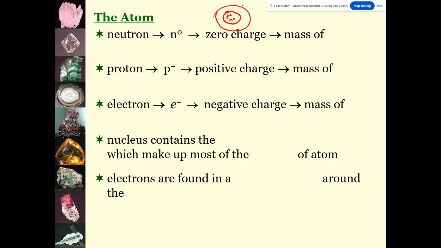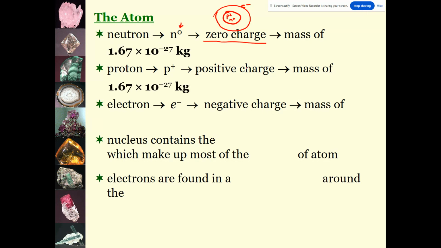So my electrons, again, are going to be found in this external area to the nucleus. So these are our three subatomic particles: neutrons, protons, and electrons. Now, neutrons have a charge of 0. They do not carry a positive or negative charge. So you'll see a little zero symbol there, meaning they do not carry a charge.